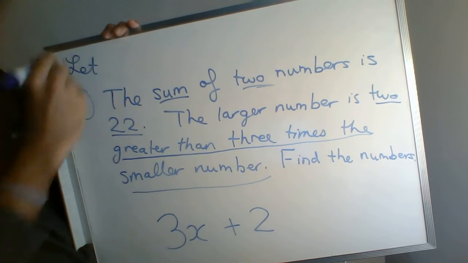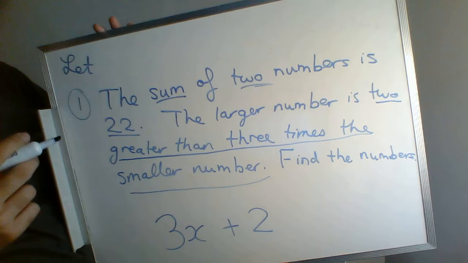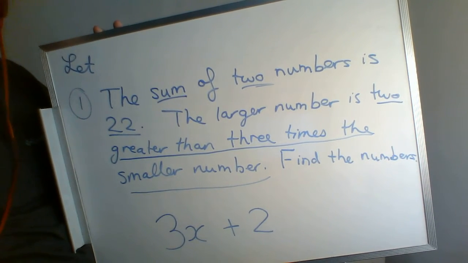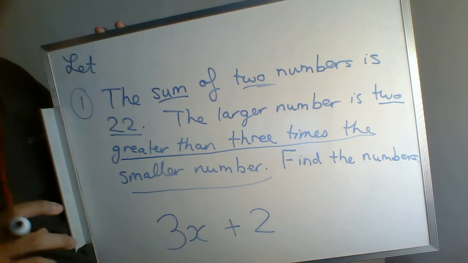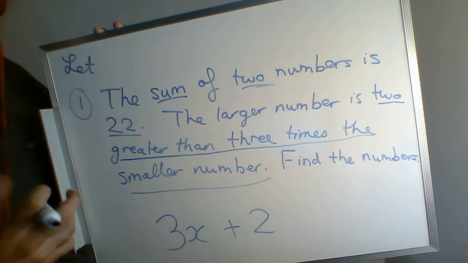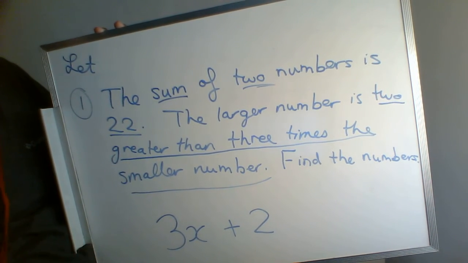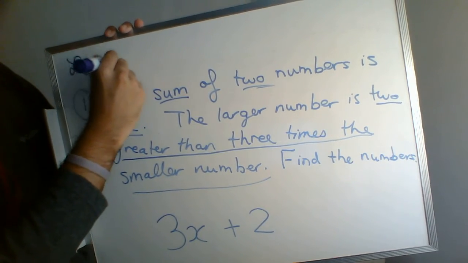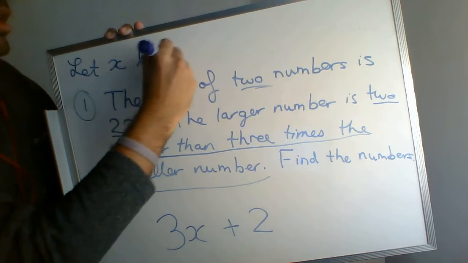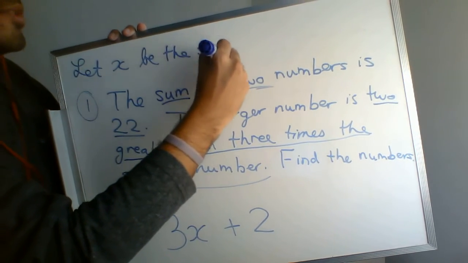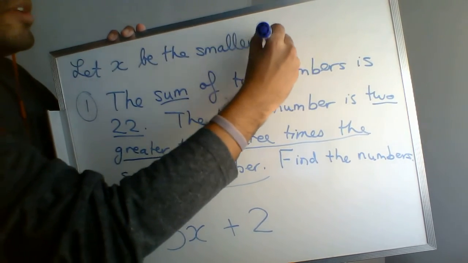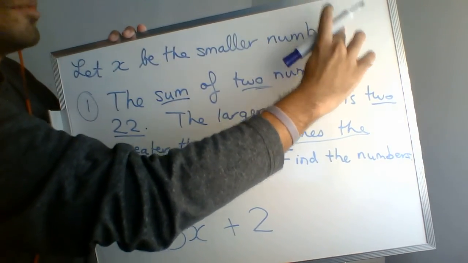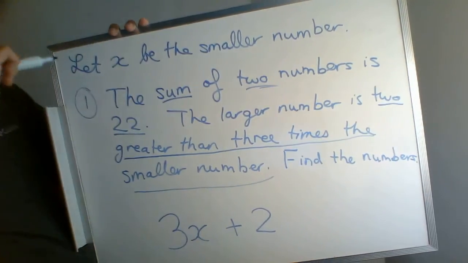Now the way I tend to do this, and the way I was taught to do these problems, is generally speaking, well, sometimes it'll vary depending on the setup of the problem, but for this one, I let x be the smaller number. And the reason for that is because we describe the bigger number in terms of the smaller number. So here's the first part of our let statement.